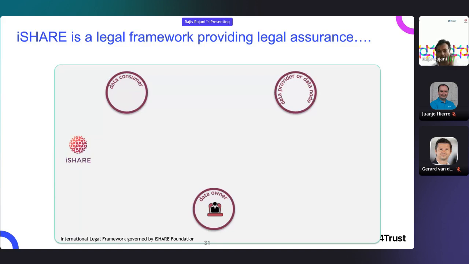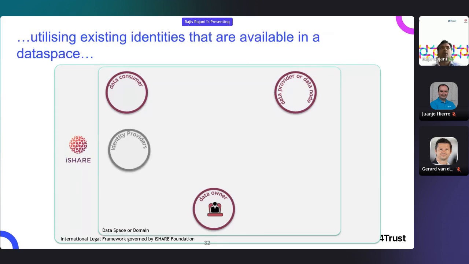But in order to enable this in a scalable way, we provide you with the framework. And as I mentioned, we provide you with the framework where you have portable identities. So there is a role of identity provider, and the specifications of the identity provider are such that all the identity providers that are recognized within a data space can be used by any data provider to identify any particular user.